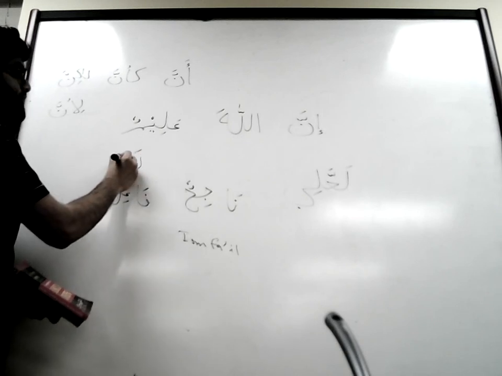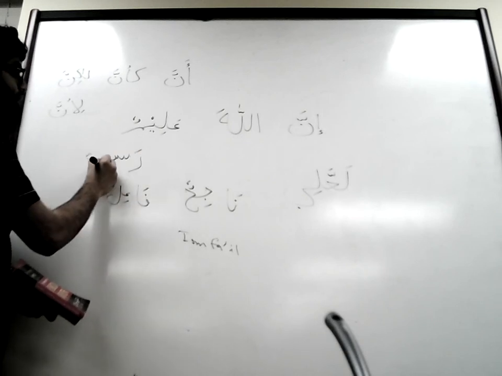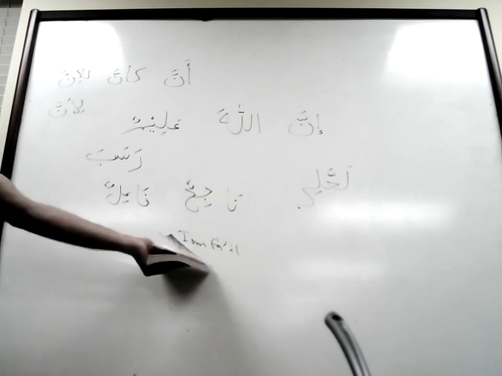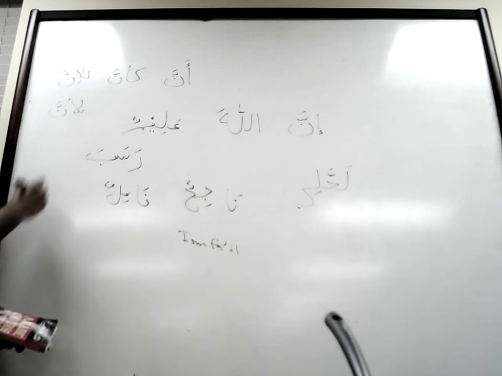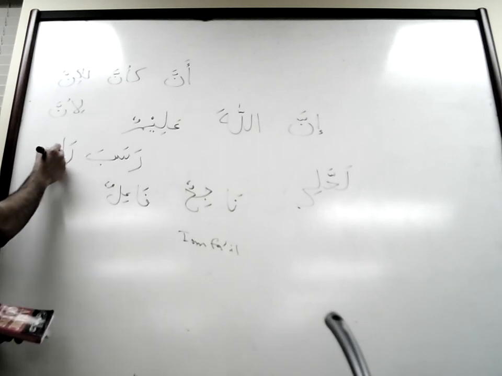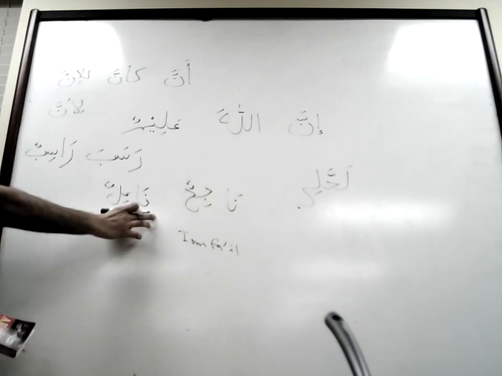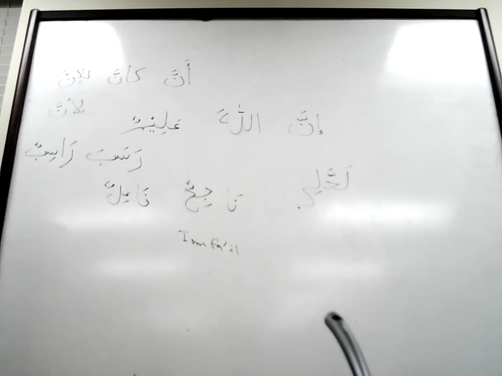Rasaba is another one that you have. I don't think we've done it, but it means he failed. How do I say the person who failed? How do I make it ism fa'il? Rasibun. So all I do is take the same pattern and apply it. If we do the same thing for kabura, it becomes kabirun. No, it becomes kabir.